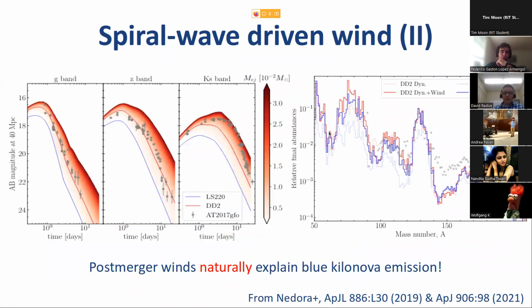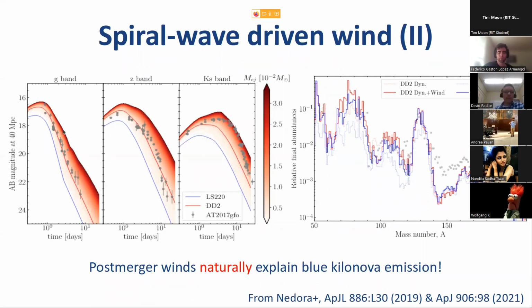So this is interesting because it provides a natural explanation for the blue kilonova. The spiral wave wind is something that we see naturally in the simulations. We don't have to put anything or assume anything. It appears in all of our simulations as long as the remnant is long-lived. So we need to accept a long-lived remnant, and this provides a natural explanation for the blue kilonova.